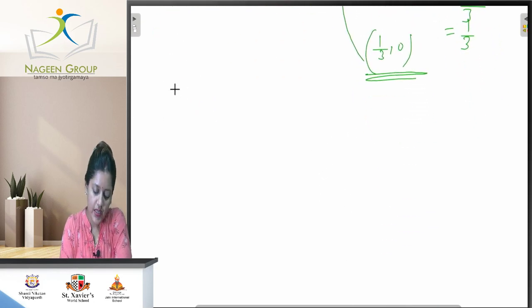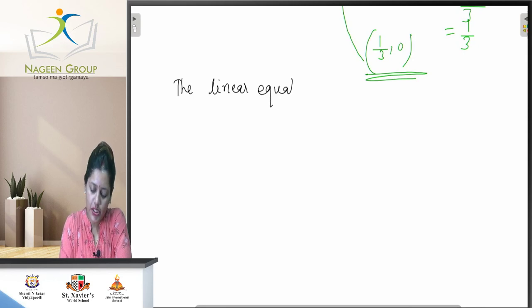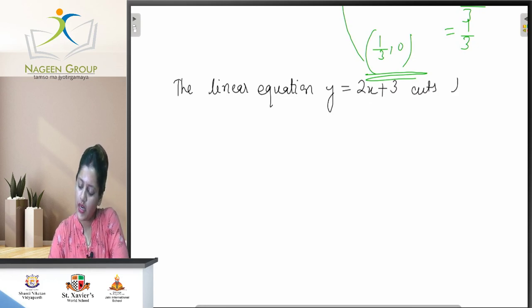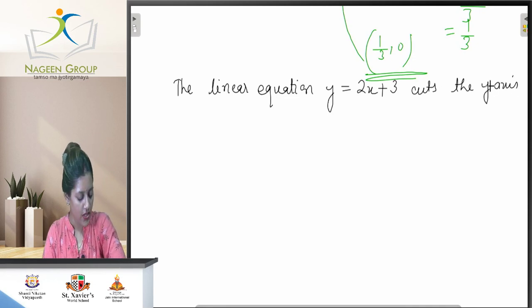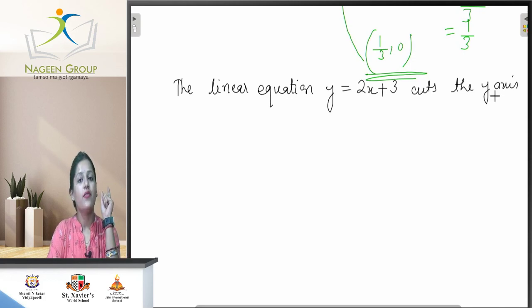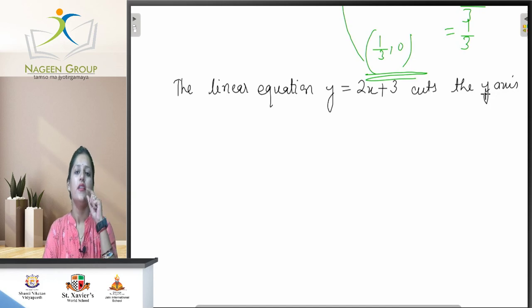The next question is: the linear equation y = 2x + 3 cuts the y-axis. What does cutting the y-axis mean?